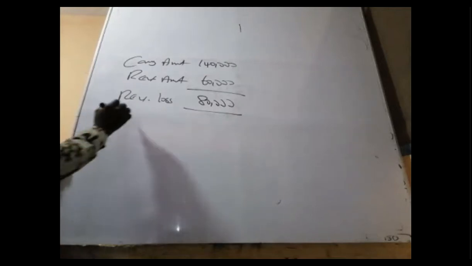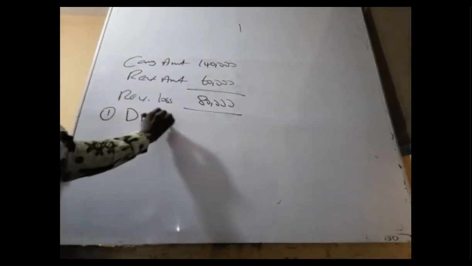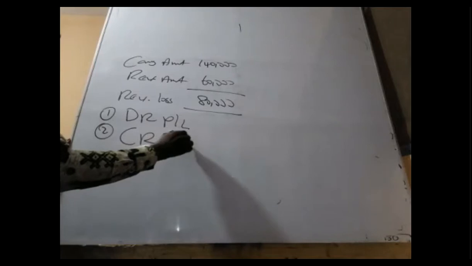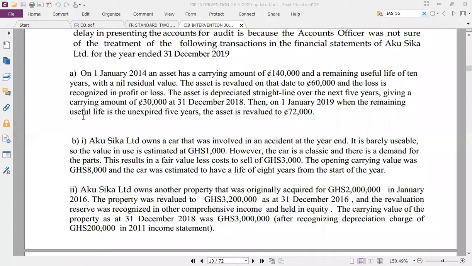Accounting treatment, number one: debit it to the P&L. Two: credit it to the asset carrying amount. That's all, the simplest accounting treatment. Let's continue the game. They're saying that the loss is recognized in the P&L. They've debited it, and the asset is depreciated.